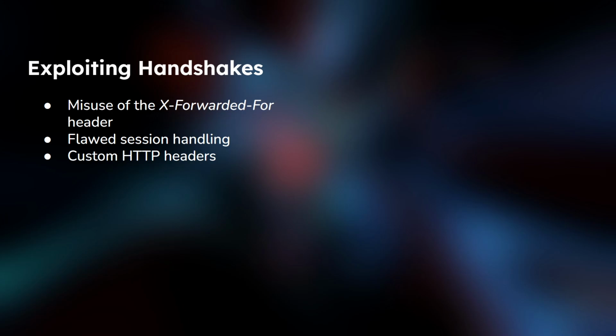So sometimes you could misuse the X-Forwarded-For header to pretend like you're supposed to have it, or maybe they use flawed session handling and you can just add some kind of HTTP header or add some cookie, or manipulate your session cookie to make it appear as though you should be able to establish that handshake and that WebSocket connection. So just a few more things to look out for.